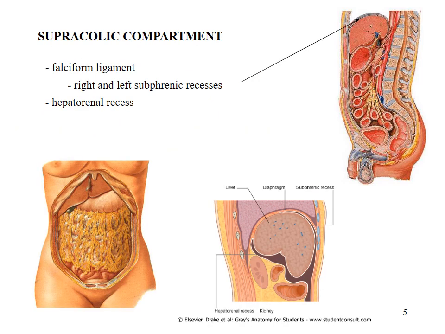The supracolic compartment is divided into smaller parts. The falciform ligament of the liver extends from the diaphragmatic surface of the liver to the anterior abdominal wall, and this falciform ligament divides the right subphrenic space from the left subphrenic space.